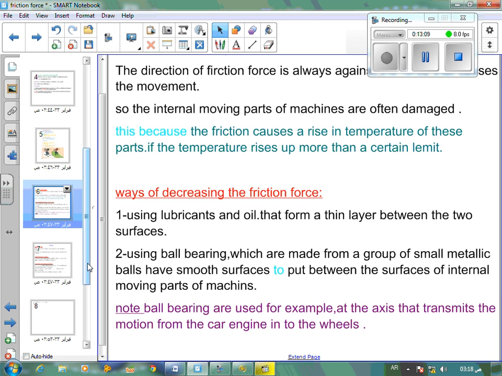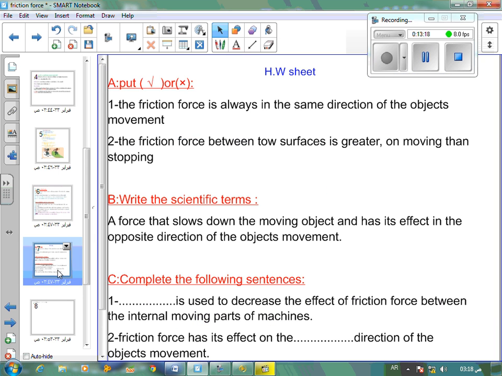We found that these ball bearings are used, for example, as the axis that transmits the motion from the car engine into the wheels.